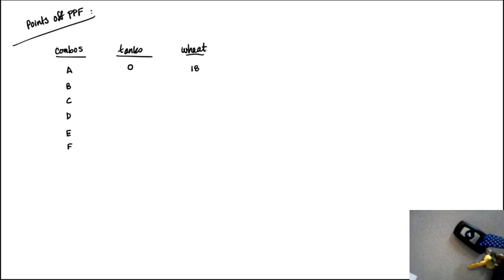So let's say that our PPF looks like this. We've got wheat and we've got tanks. So guys, where's point A? Which axis? Y-axis or X-axis? Everyone agree we're right here. Point A, right? All right, point B is going to be 1 tank and 17 wheat.